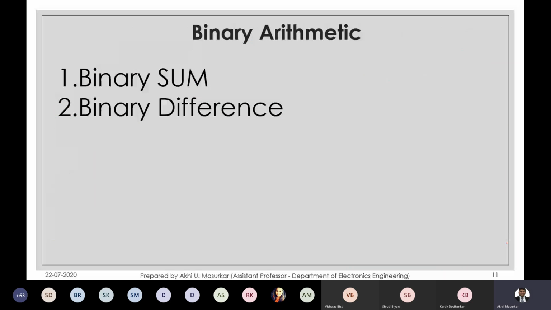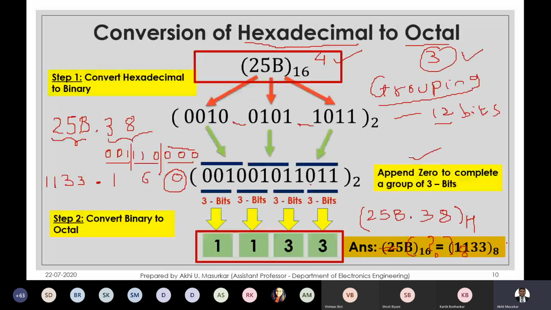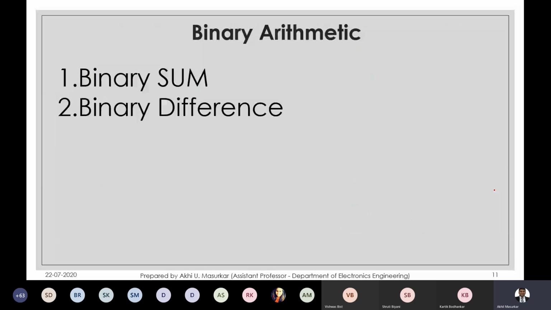Okay. Now Raj has asked a question. Sir, why do we take 3 bits only in octal? So in octal, I'm just explaining it here. We have digits 0 to 7, so in all there are 8 digits. 8 means 2 raised to 3.